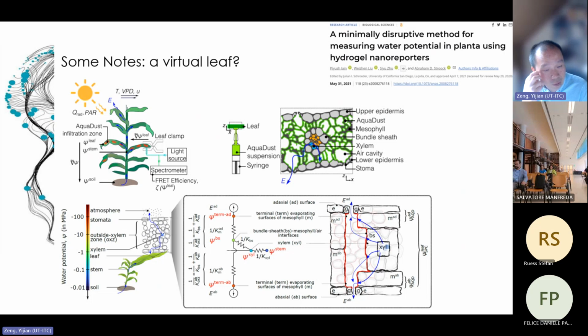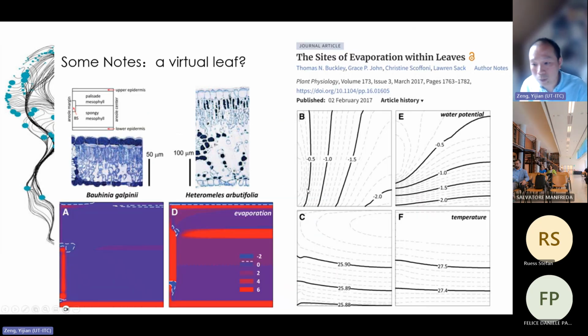But I mentioned the importance of leaf water potential, and people have started to invent very innovative technology to measure the leaf water potential as well, like hydrogel, injecting gel into the leaf in order to monitor the leaf water potential and then understand where the evaporation occurs within the leaf. People are using a 2D model to simulate water potential and the temperature of the leaf, and this can help you identify the place where evaporation occurs within the leaf.